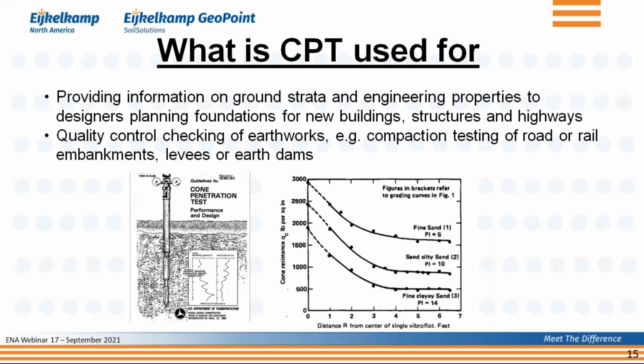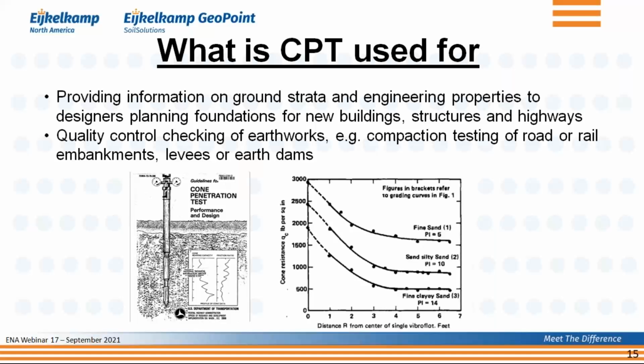And you see on the title page of the document, they were still using the old mechanical cones with the gauges at the top to read the tip resistance as well as the sleeve friction. But one of the options described was to use it for quality control checks on earthworks, for instance on compaction testing on embankments, levees, or earth dams.